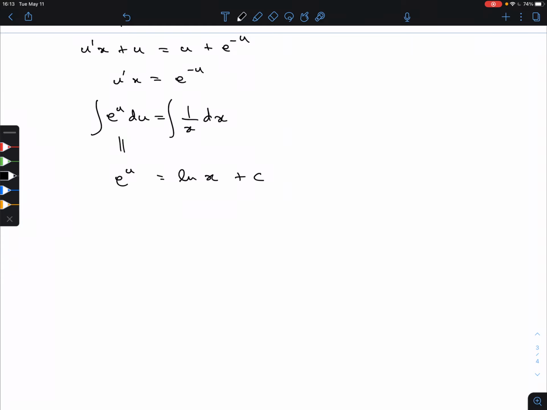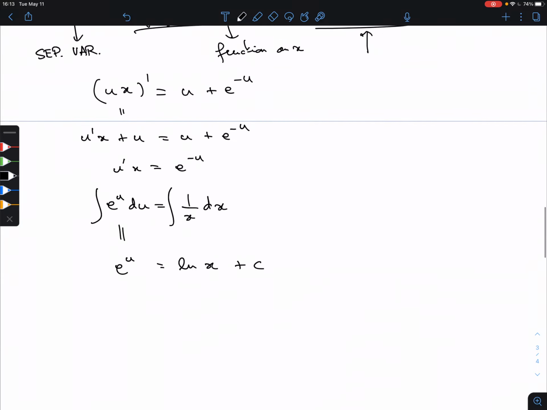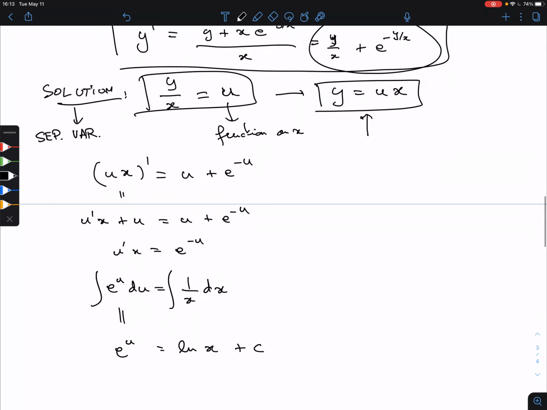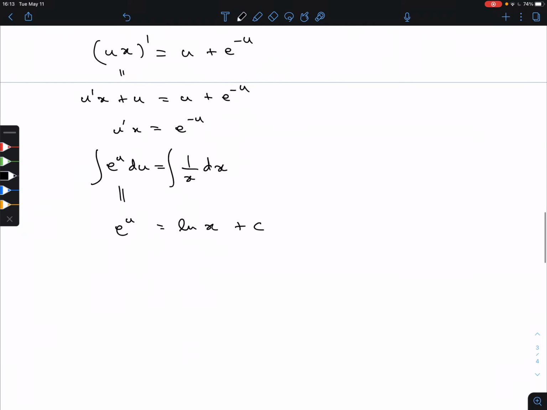We have to solve for u. Remember, because I'm going to have to plug this in here, this is my solution here. I need to know what u is, not e to the u. But that's not a problem. How do you get rid of this? Again, each time I ask a question, just pause the video. If you don't know it right away, pause the video and think a little bit about it.